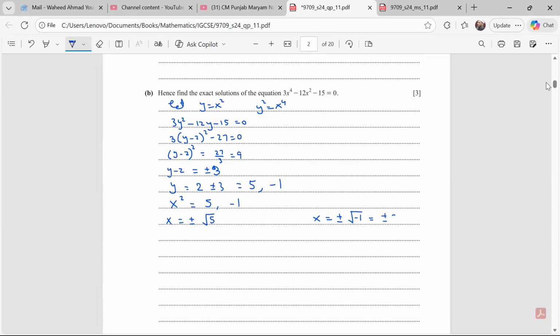So plus minus i. But if you have not studied complex number and the solution has to be a real number, then we will discard this solution. So the only solution I have in real number is plus minus under root 5. Okay, so this was question number 1b.